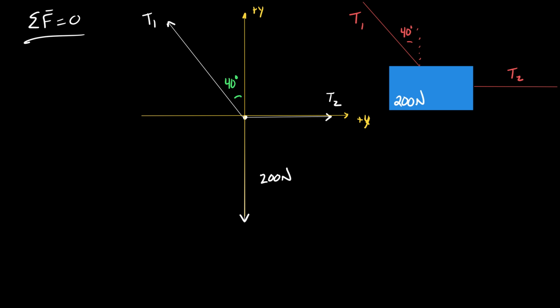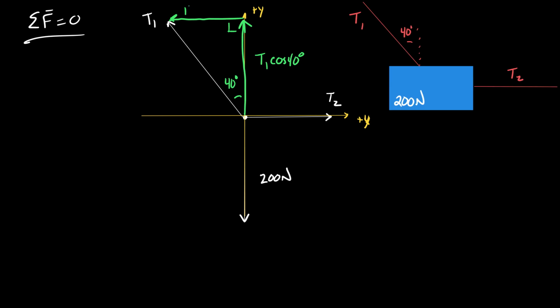All right, so in order to solve the problem, I have to take my one off-axis force and break it up into components. So I'm going to draw a couple of components by wrapping them around the angle. All good so far? These have to be at a right angle to each other. And it seems to me that this one is going to be T1 cosine 40.